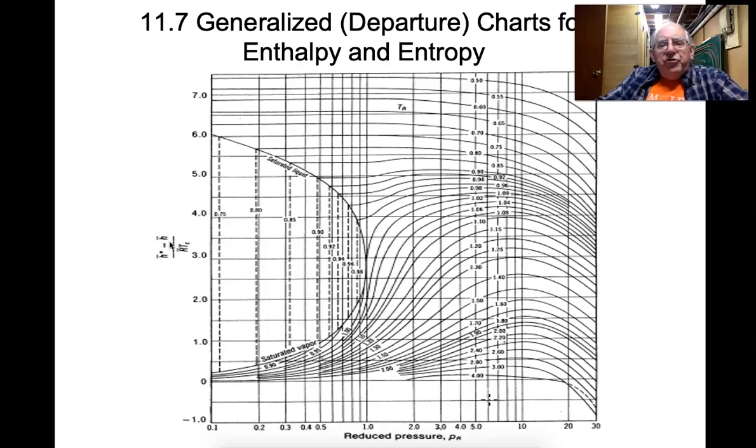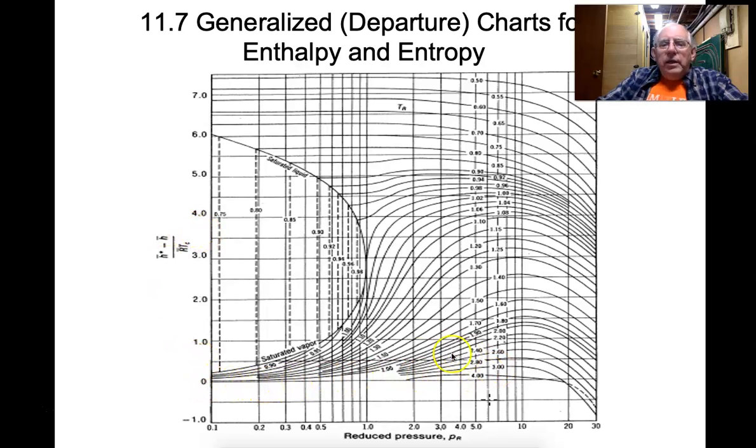So what you see is for most cases, this departure value is a positive number, greater than 0. And so what that tells us is that at these conditions given here, the actual enthalpy is less than the ideal gas enthalpy, unless this is equal to 0.